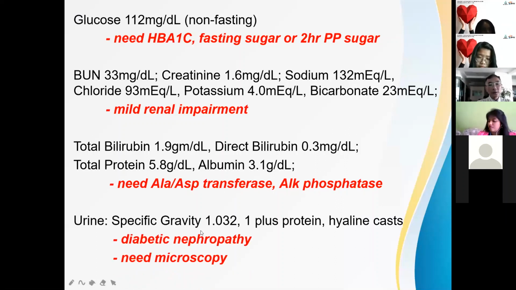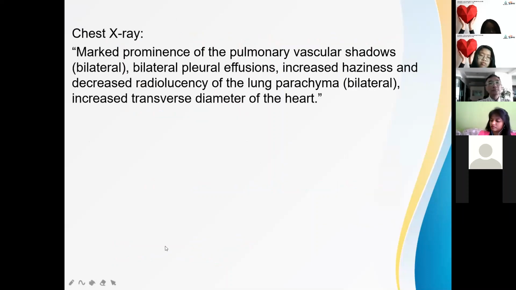And for the urine, there is protein in the urine suggesting diabetic nephropathy. But you also need microscopy to look at cells. Is there some red blood cell, which can occur in diabetic nephropathy, but also in urinary tract infection? Diabetics are very prone to infection. Is there mild urinary tract infection? You need to know. Next.